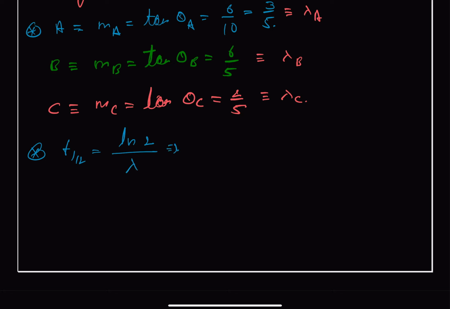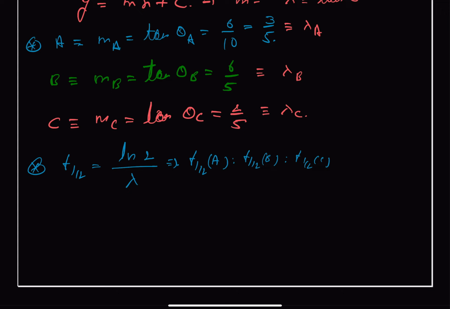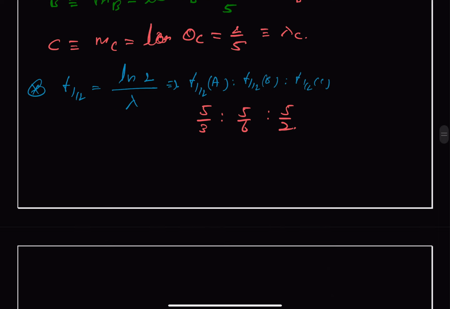We can divide this into our three parts: T half of A ratio T half of B ratio T half of C. From here, T half of A is 5/3 because lambda is in the denominator, B is 5/6 and C is 5/2. The 5 goes away if you multiply by 6, so this will be left as 2, this as 1, and this as 3.